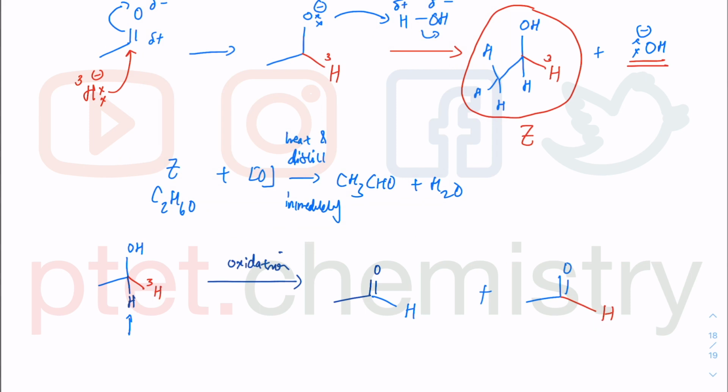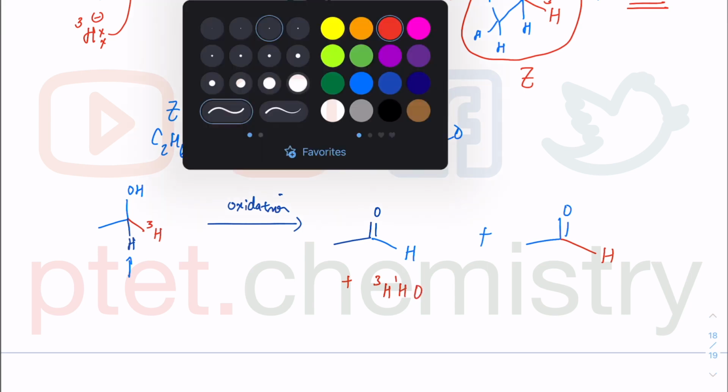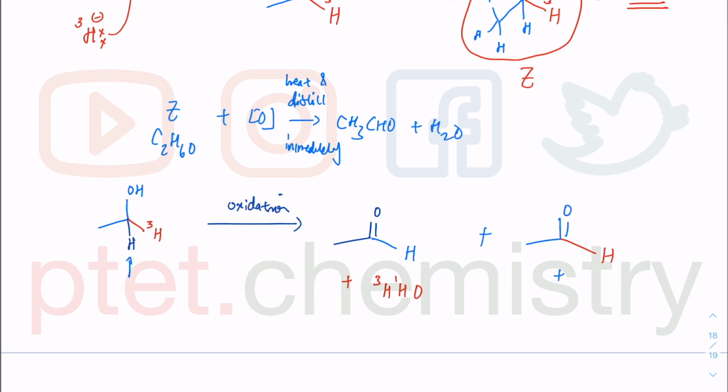So both of these could be formed, and as a result, your other products are as given in the equation. To form this, you will have lost this hydrogen 3. So your other product will be 3 hydrogen, 1 hydrogen, oxygen. Whereas for the other one, you will get 1 hydrogen, and all.